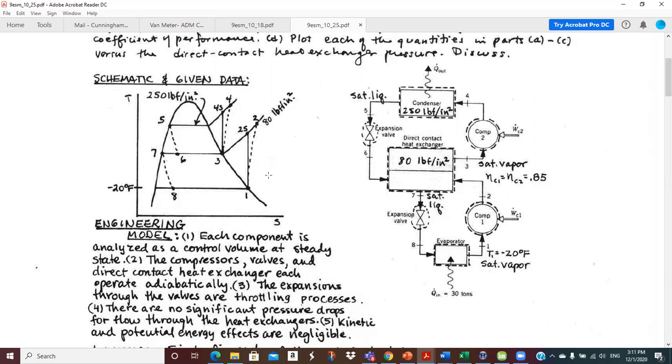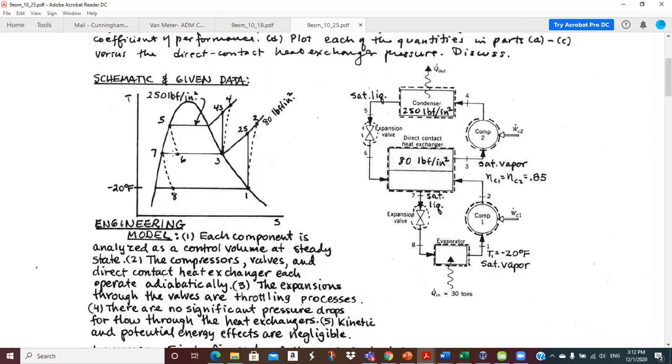A little bit complicated. The compressor isentropic efficiencies are 0.85 each. So we'll have to take that into consideration. So then we come out of the second compressor at 4. So we're over here at the real state, not the isentropic state. And then we just condense to 5, rejecting heat to the environment to get us to saturated liquid at 250. And then we're going to go through that constant enthalpy process from 5 to 6.